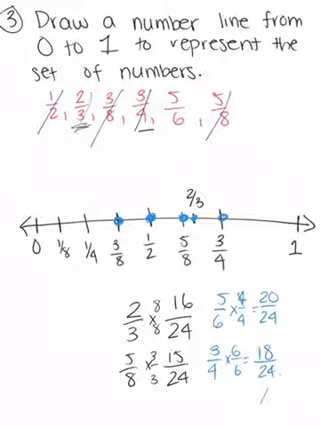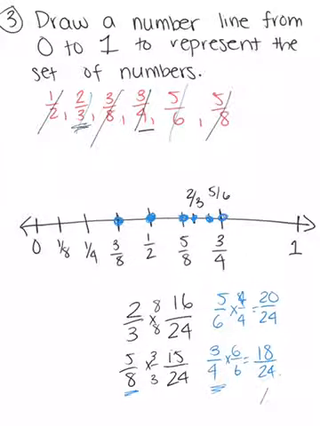So now I know that 5/6 is going to be greater than 5/8, but less than 3/4. So that means that on my number line, it's going to go like right over here. And then we have 5/6. And then we're going to represent it with our dot right on the number.